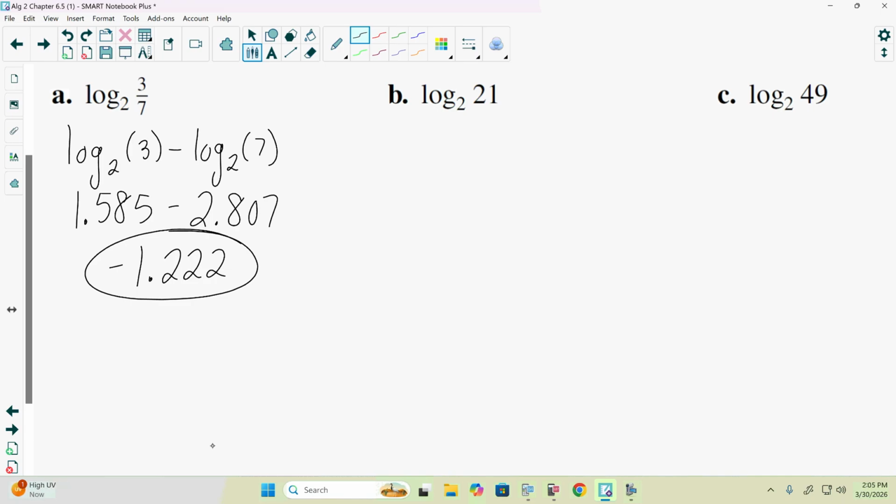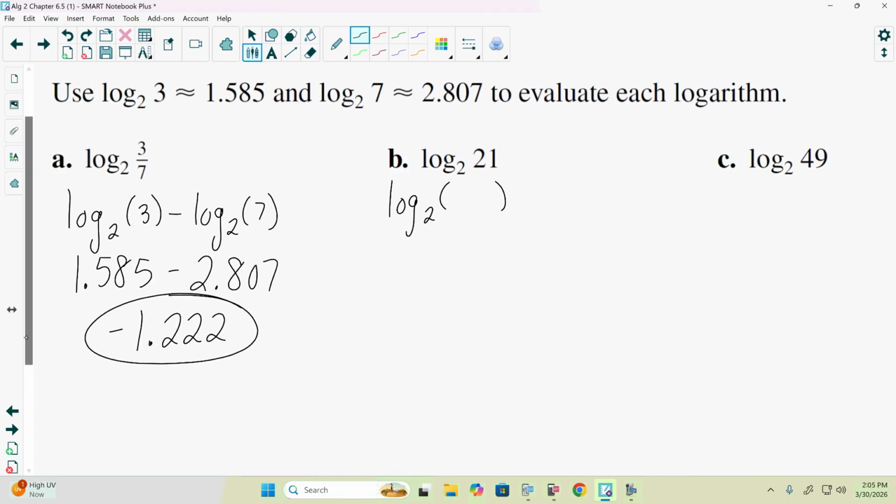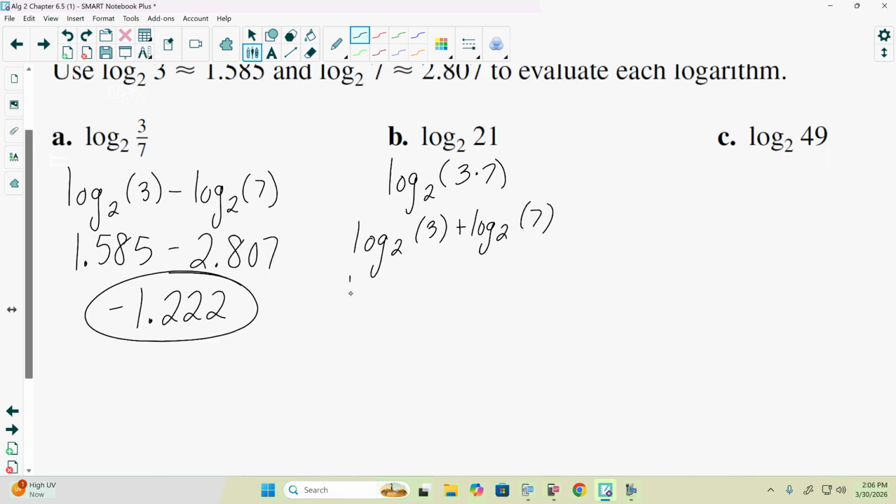Log base 2 of 21. Using 3 and 7 with product, quotient, or power, how can I rewrite 21 using 3 and 7 to get there? Well, 21 is what? 3 times 7. And according to our product property, we can rewrite it as log base 2 of 3 plus log base 2 of 7. And log base 2 of 3 is still 1.585.